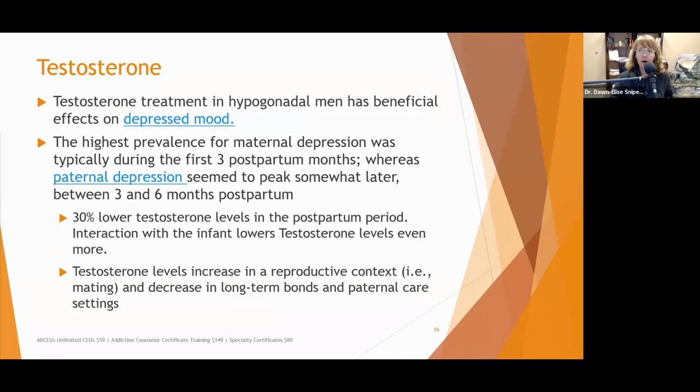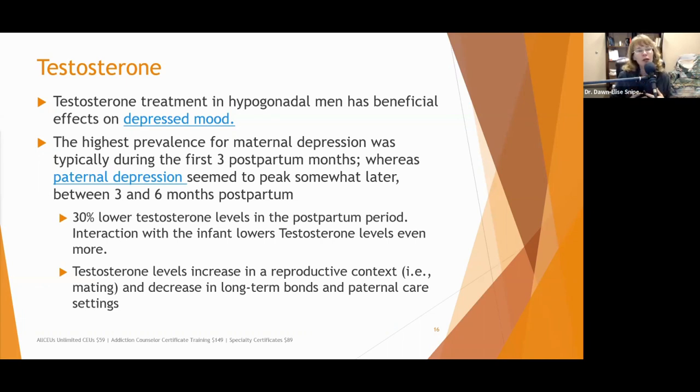Testosterone treatment in hypogonadal men has beneficial effects on depressed mood. Again, when you've got someone who comes in with depressed mood, a lot of the buzz right now is if you don't have the energy anymore, you don't feel virile anymore, you don't have that get up and go, you need to take this supplement to increase your testosterone, or you need to go to your doctor and get testosterone supplementation.